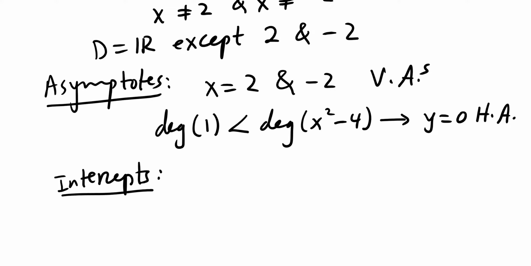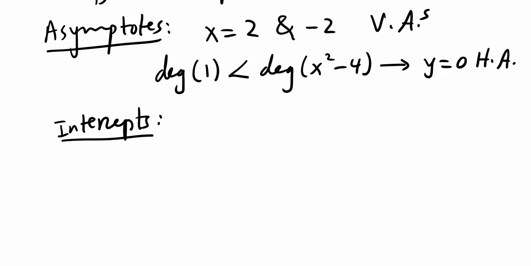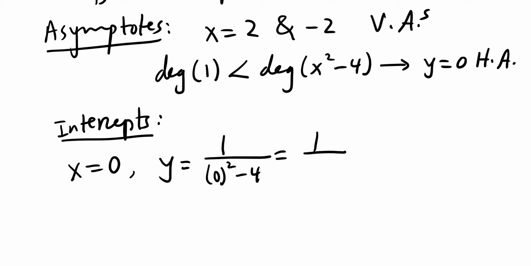Intercepts. So in the intercepts, what do we have? We find the x and the y intercept. That's what intercepts are. To find the y-intercept, we set x equals 0 in the original function. You get 1 over 0 squared minus 4, 1 over 0 minus 4, 1 over -4 or -1/4.